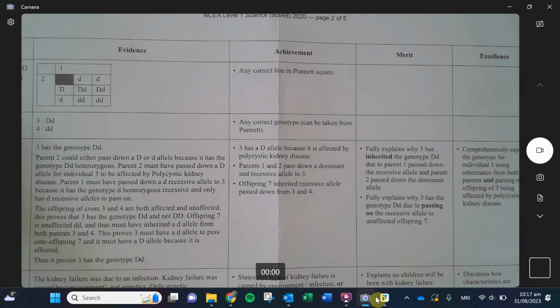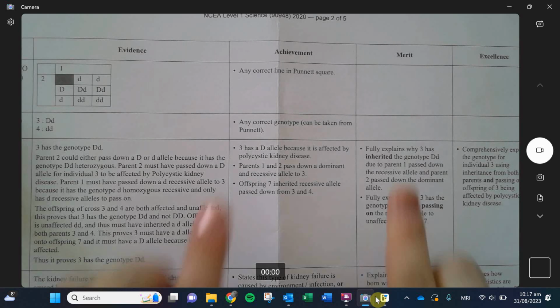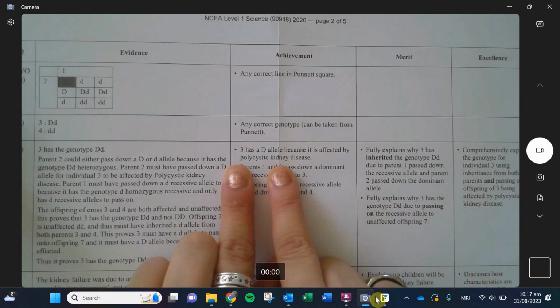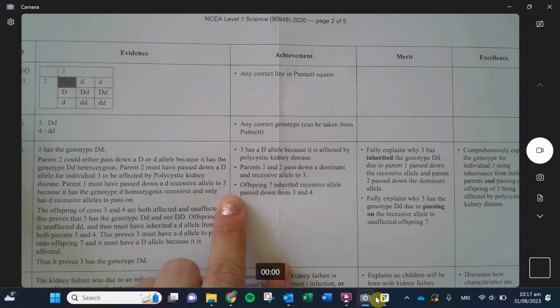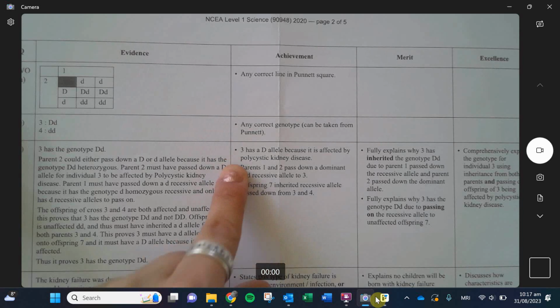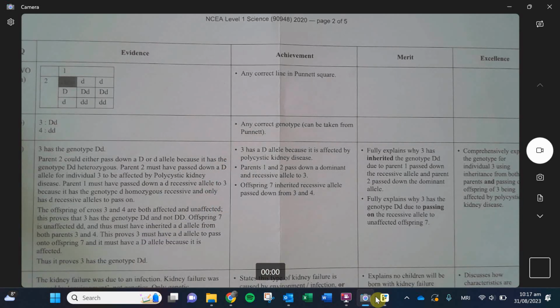So question C, you were talking about how we knew the genotype for number 3 was capital D, lowercase d. The achieved stuff, there are 3 different points that we're looking at. The first thing that you could say is that you recognize that person number 3 is affected by the kidney disease. So that's just generic stuff.